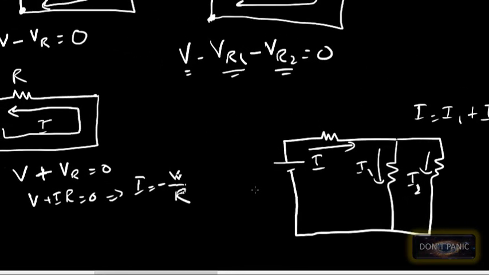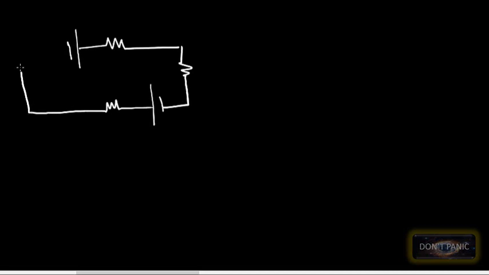So let's do an example. Suppose you have a circuit that looks like this. Suppose this is R1, R2, R3, R4, and R5.